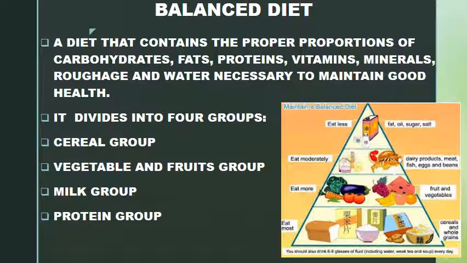Now look at the food pyramid shown here. It shows different food groups arranged in the shape of a pyramid or triangle. It is recommended that we eat more food from the food groups at the bottom and the food groups at the top should be consumed in very small amounts.